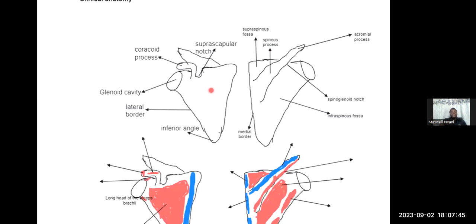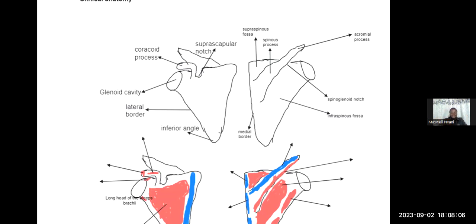The anterior surface, or the subscapular fossa, is located anteriorly and it embraces the thoracic cage. So just imagine the scapula right here. It touches or embraces the thoracic cage, the rib cage.